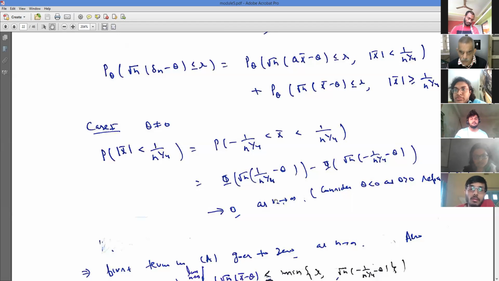Now let us look at what happens. First case, consider theta less than 0. If theta is less than 0, then root n into 1 upon n to the power 1 by 4 minus root n theta will anyway go to infinity. So first of all, if theta is less than 0, this quantity is positive.